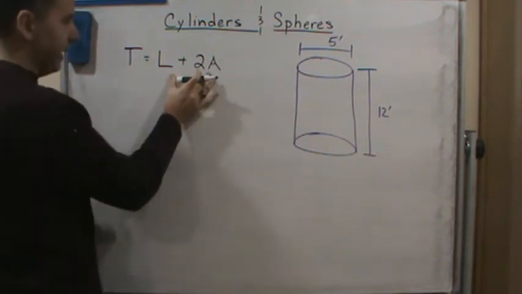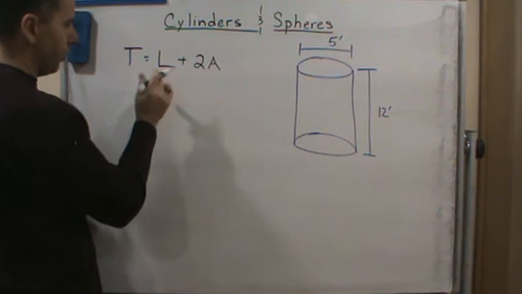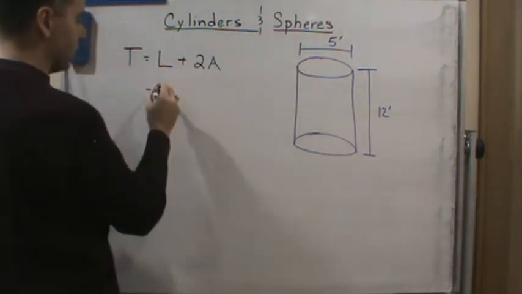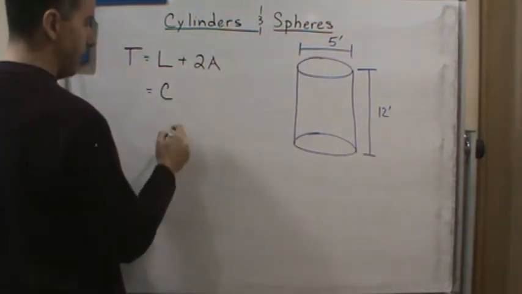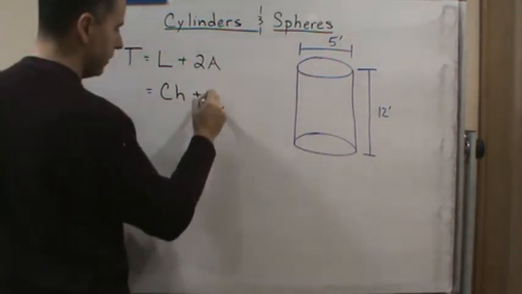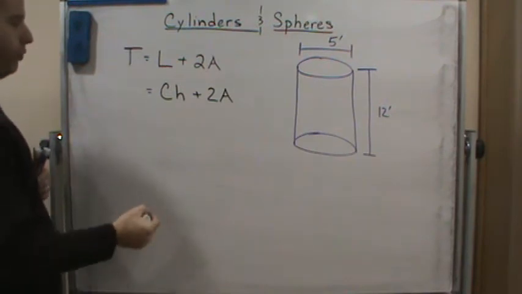If you remember this, then you're really home free, because all you have to do is remember that lateral surface area is the circumference, because we're dealing with circles, circumference times height, plus 2 times the area. Now we plug in.